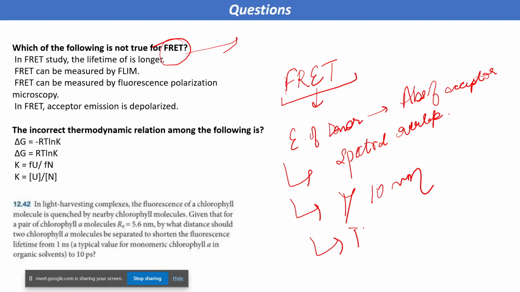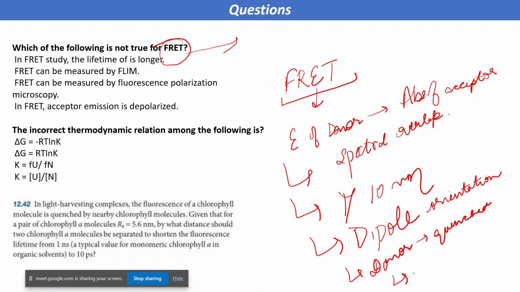Then we discussed that dipole orientation should be optimum for an efficient FRET. Here the donor's fluorescence is quenched and the acceptor's emission gets depolarized.